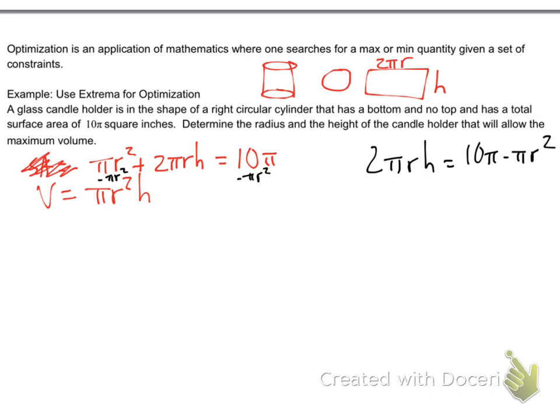And now divide both sides by 2 pi r. So I've just solved for h. Hey, that's pretty cool.